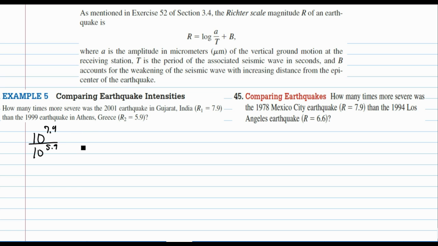And then, look what I'm doing with my exponents. It's 10 to the 7.9 minus 5.9, which is 10 squared. So it was 100 times more severe. That's pretty severe. It's pretty dramatic between just 2 points on the Richter scale.